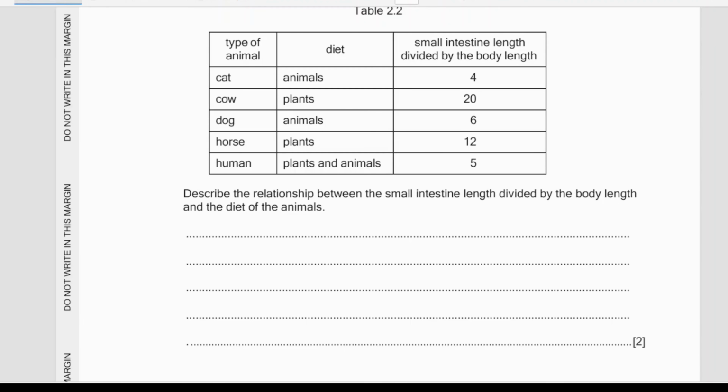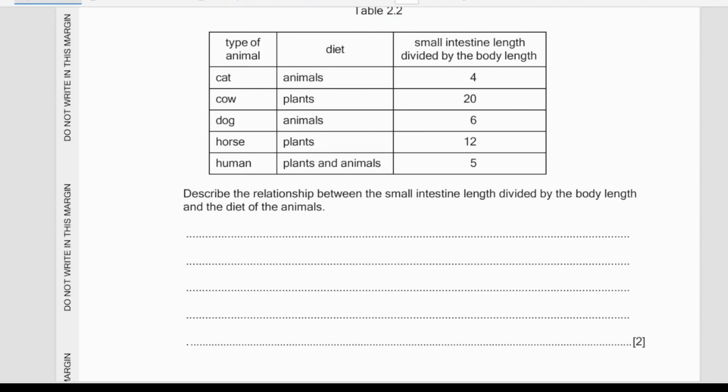Repeat it then. The animals which feed on plants have longer, than the ones who feed on animals.